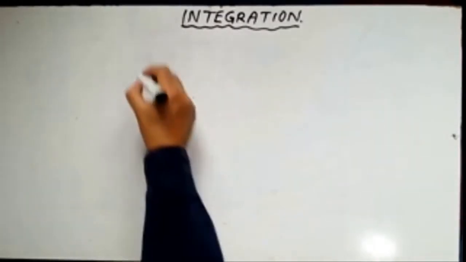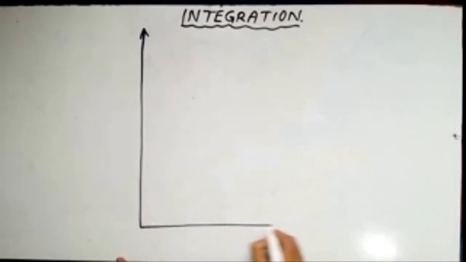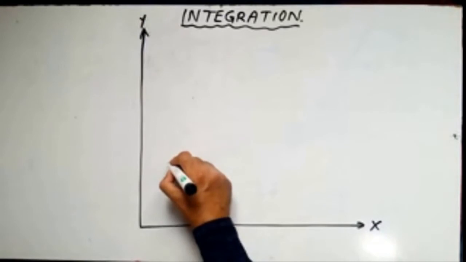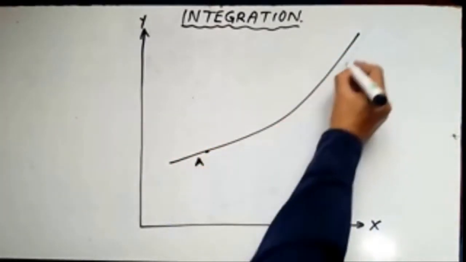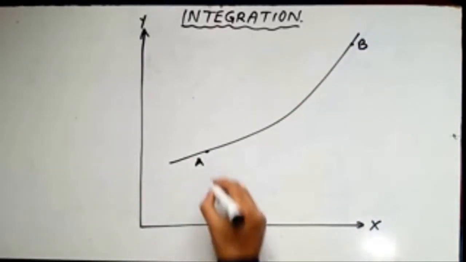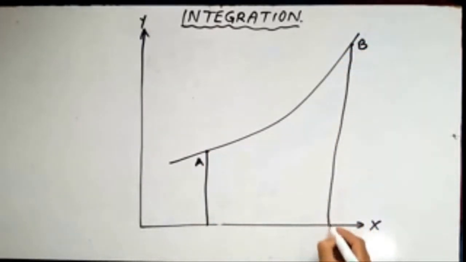So let's draw the curve again. This is the x-axis, this is the y-axis. This is the curve, okay? This is the point A. Let's understand the concept first. So if I have to find out the area under the curve A and B, I am interested in this area.